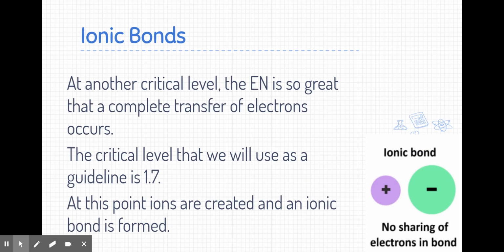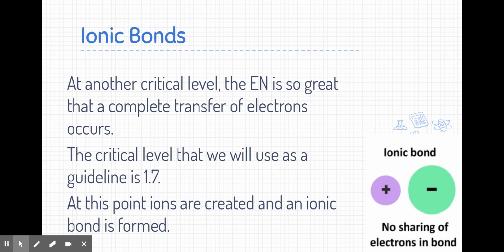Now finally, let's just briefly touch upon ionic bonds. And this one's simple. If the difference in electronegativity gets too great, one atom, the more electronegative atom, can simply take that electron from the less electronegative atom. And the level that we'll use is a difference of 1.7.